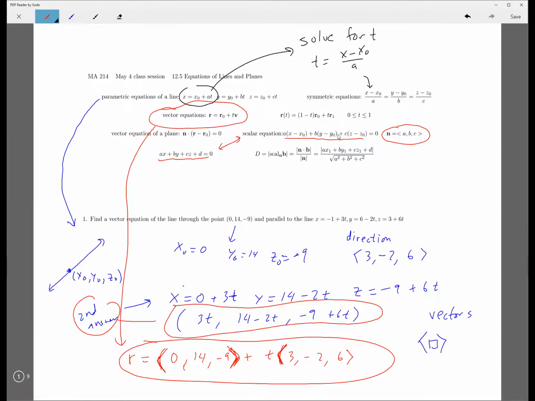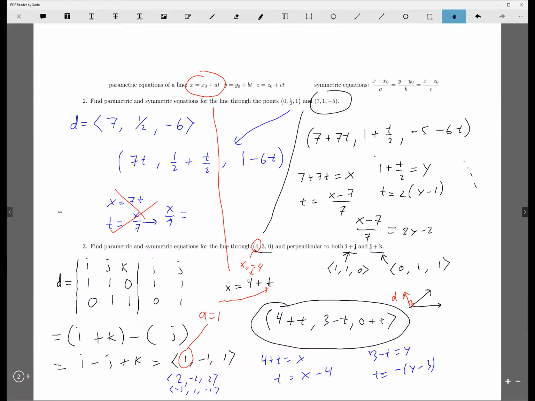The only difference is that this has been expanded out. These A's and B's and C's have been distributed, and then everything here collected, okay? So you still have an AX plus BY plus CZ in here that's going to come up from here, because X0, Y0, and Z0 are just numbers. Those are going to be fixed numbers. Okay, the normal to the plane is this vector here. Okay, so that's the point I'm trying to make.